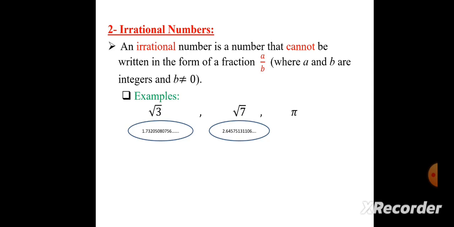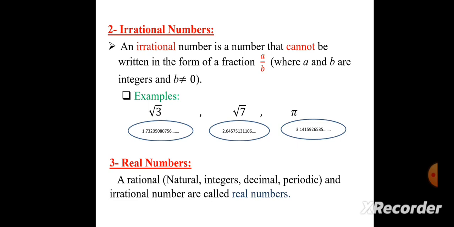Similarly, pi represents the number 3.141592 and so on. It doesn't end, the decimal part is not repeated. I'm talking here about the decimal part. So I cannot write it in the form of a fraction, so it's an irrational number.